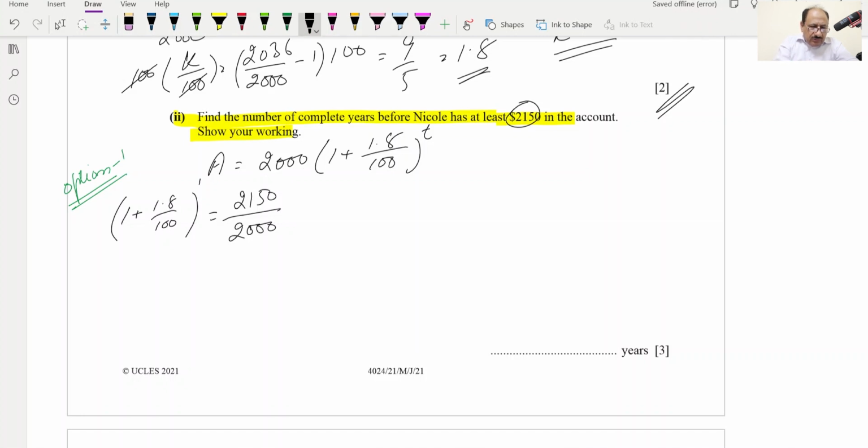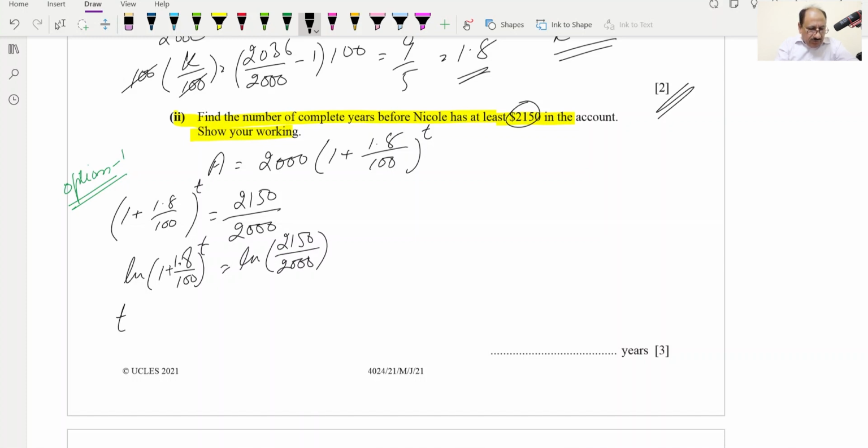Now this is part D also, and now we can take log on both sides. So log of (1 plus 1.8 over 100) raised to the power t is equal to log of 2150 over 2000, and we can shift t first.